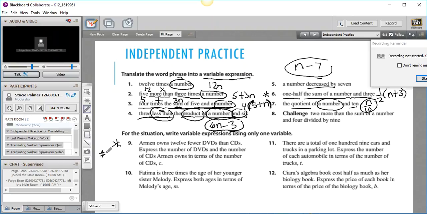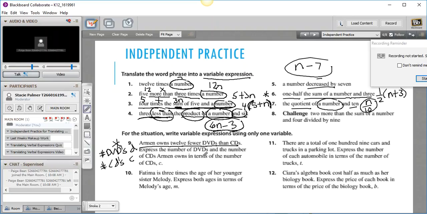Okay, so we're going to call the number of DVDs D, and the number of CDs that he owns will be C. We know that he owns 12 fewer DVDs than CDs.